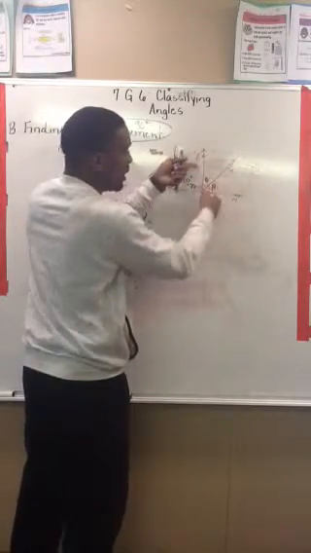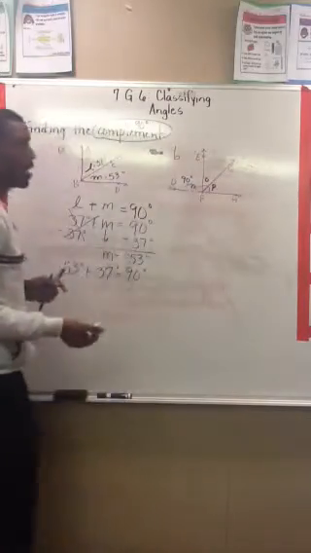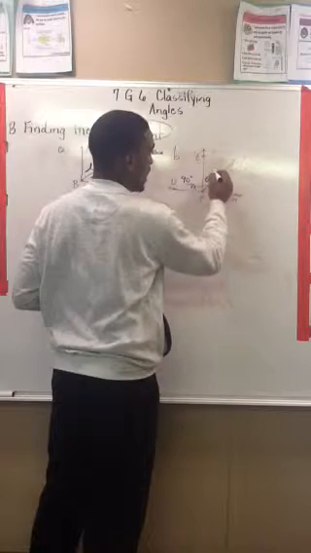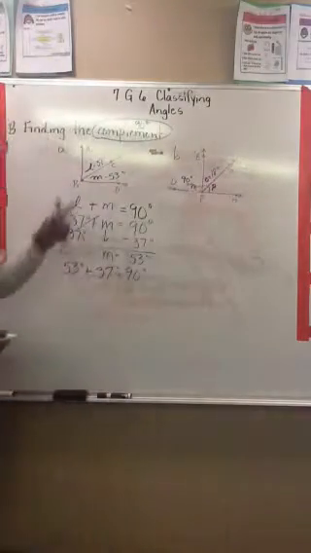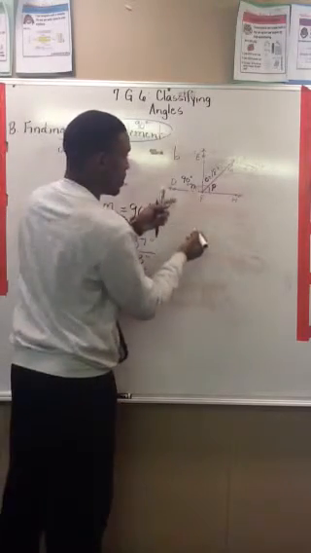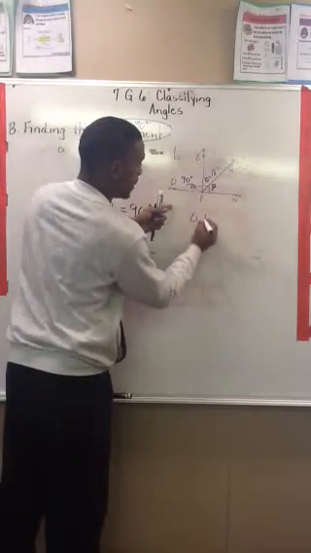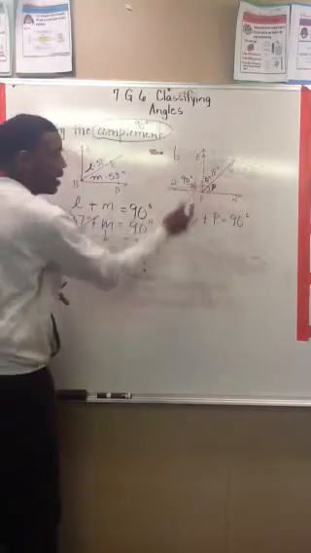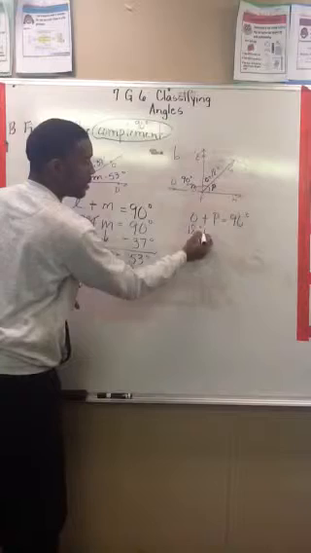Angle EFG and angle GFH. Okay? If I tell you that O is 18 degrees, could you find P? Well, sure I could. I know that O plus P equals 90 degrees. It gives me O, so substitute.